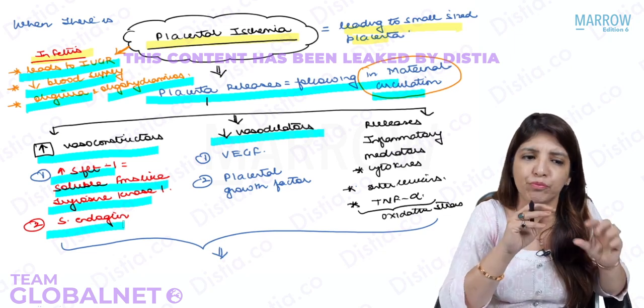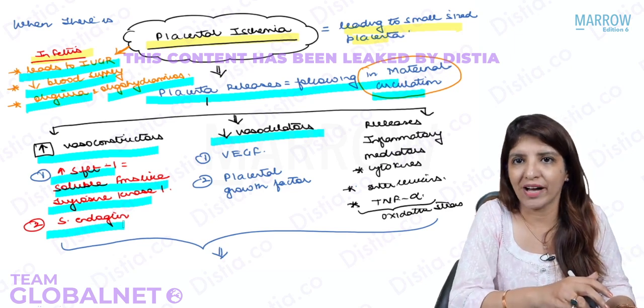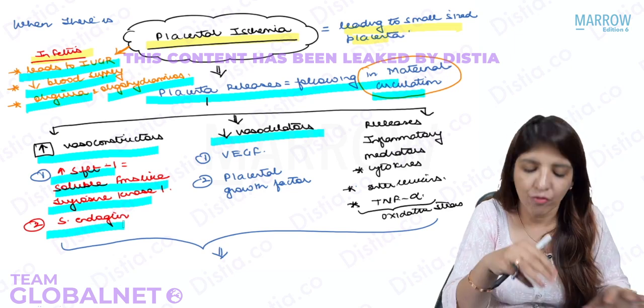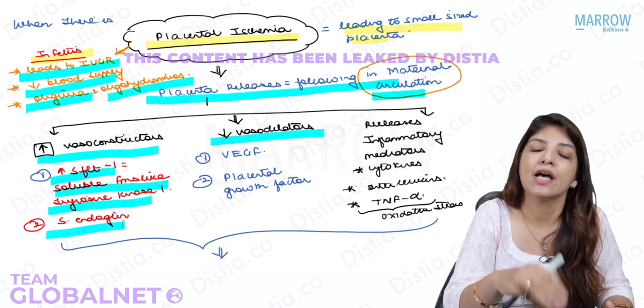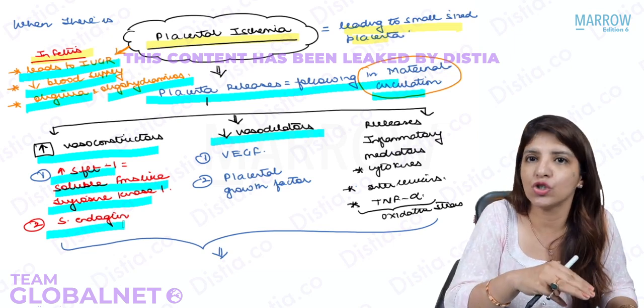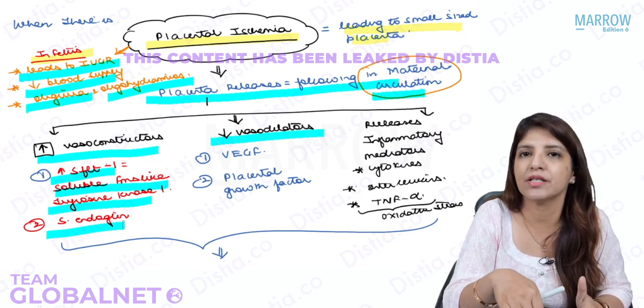Questions are asked on the risk factors itself, so you should know what the risk factors for PIH are. And the third thing which you should include in that notebook from this particular video is the conditions where aspirin is given to a pregnant female to prevent PIH. All this is going to come later in this video.